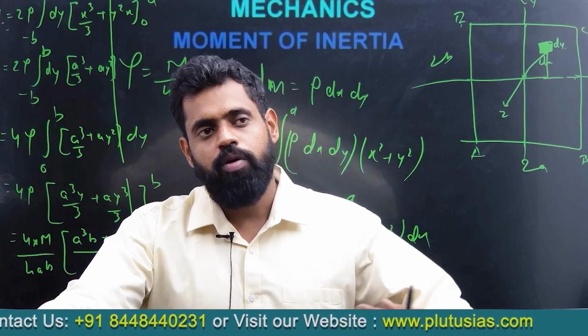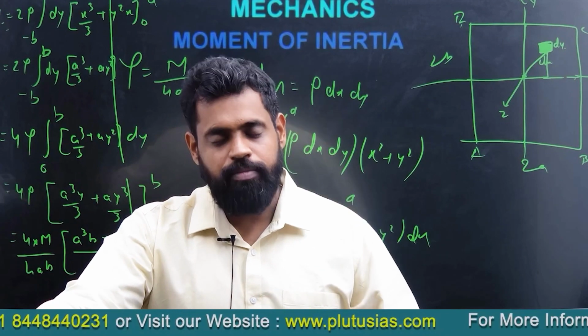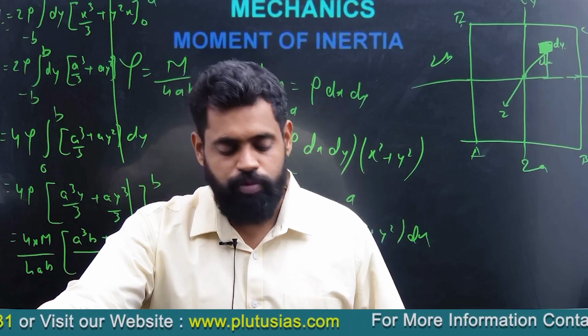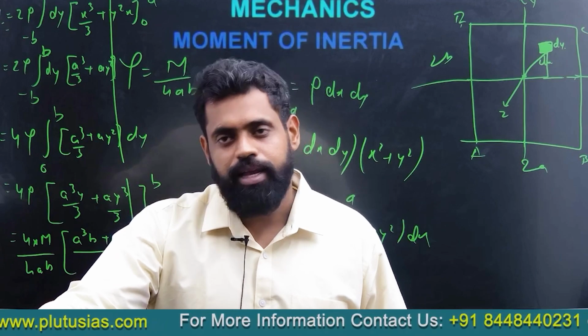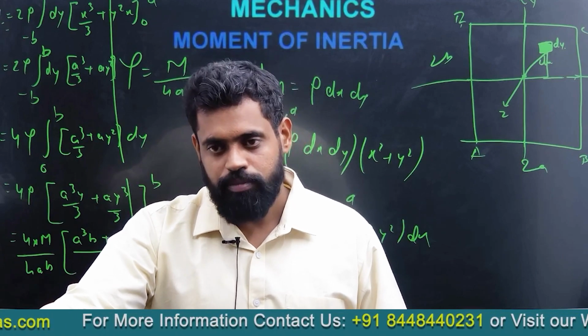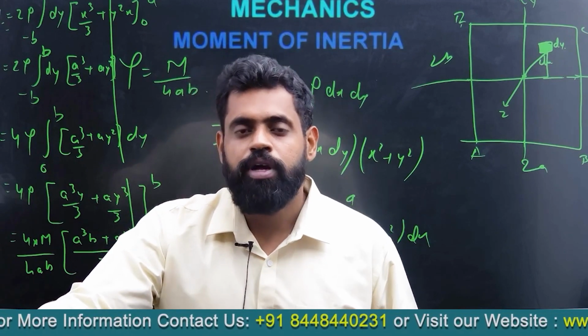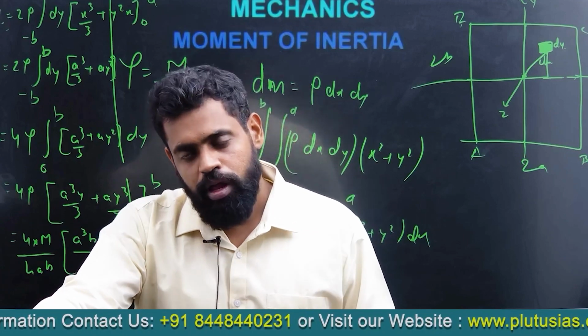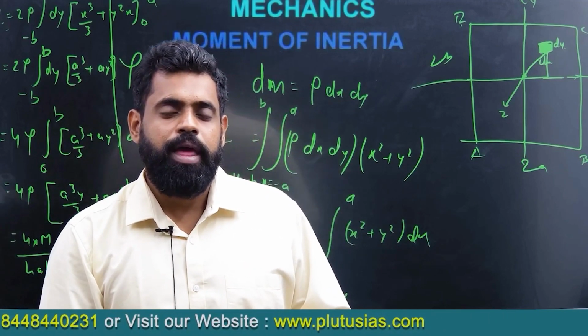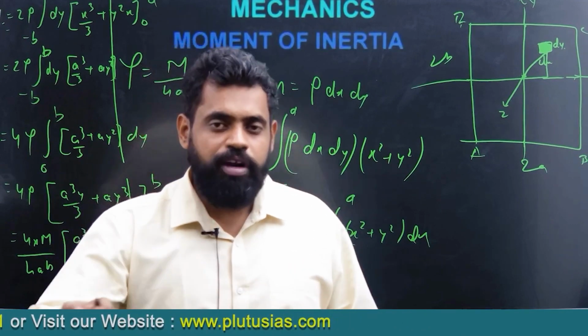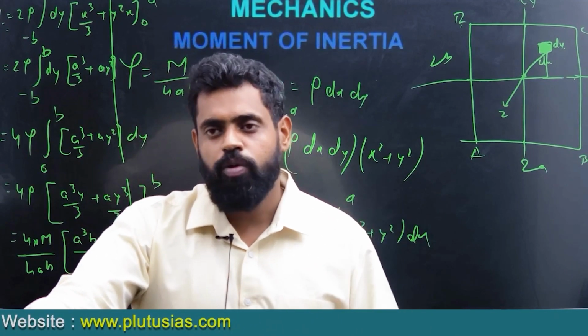Okay, so next time I'll show you how to prove the moment of inertia of a conicoid, cylinder, triangle, cone, solid cone, hollow sphere, and solid sphere, a solid cone and hollow cone, cylinder.